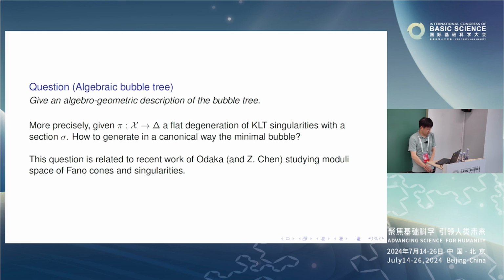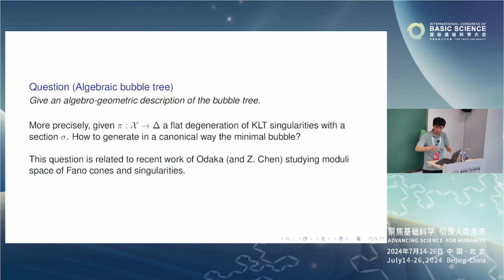So the question is the algebraic meaning of this bubble tree. If we start with a flat degeneration of KLT singularities with a section, this section plays the role of the base point. Can we define, algebro-geometrically, some new space that will give rise to this minimal bubble?